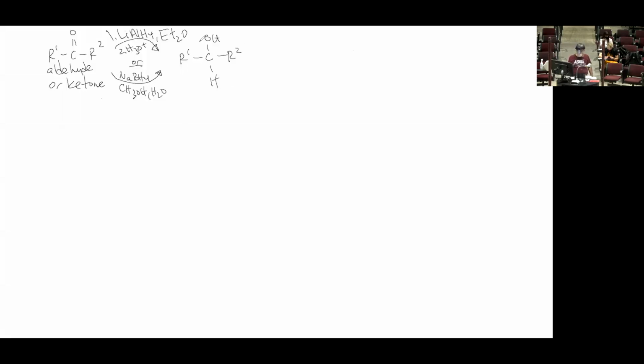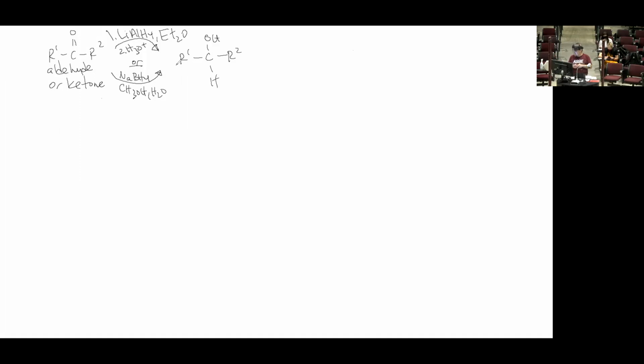So that's why you can get away with using a protic solvent here, whereas you couldn't with LAH. That would just be violently reactive. But if instead we just heat this up, that makes that reaction much faster, and you can essentially get rid of the excess sodium borohydride that way. And that will also put the proton back on.